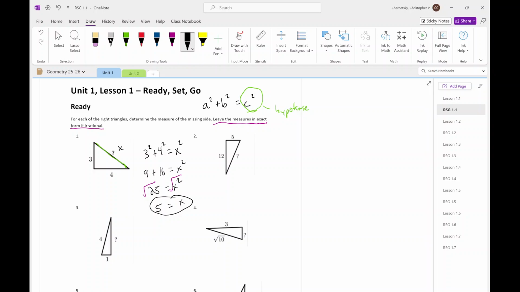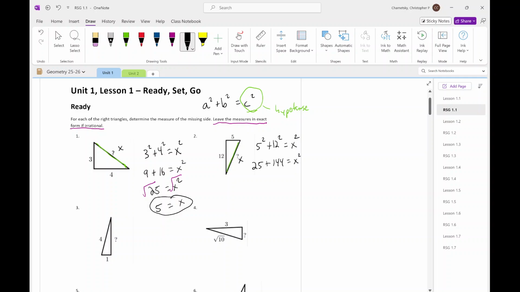Moving on to number 2, we'll put an X there where the question mark is. And again, that is the hypotenuse. So, setting that one up. 5 squared plus 12 squared equals x squared. 5 squared is 25. 12 squared is 144 equals x squared.